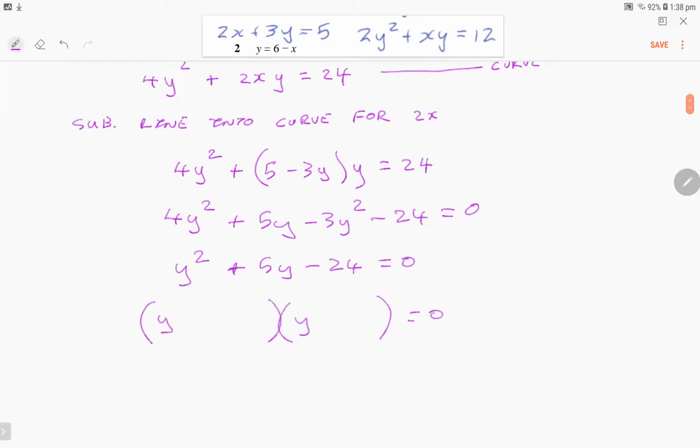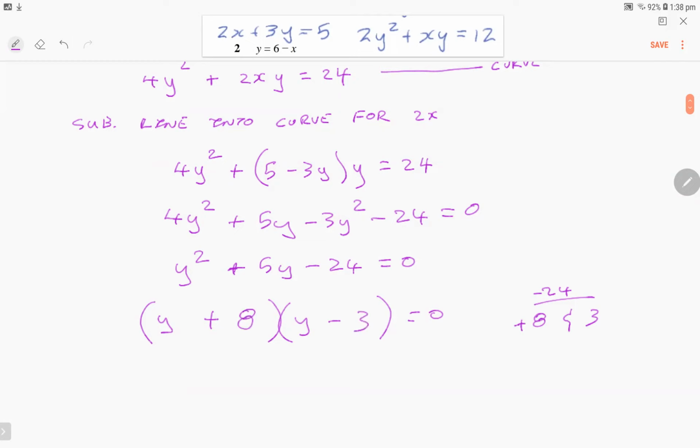Signs in the bracket are different, one is plus, one is minus. Factors of 24 where the difference is 5 is 8 and 3. The larger one will have the sign of the middle term, and the smaller one, that's the negative. So that's a quick way to work it out. So I'm putting the plus 8 and the minus 3.